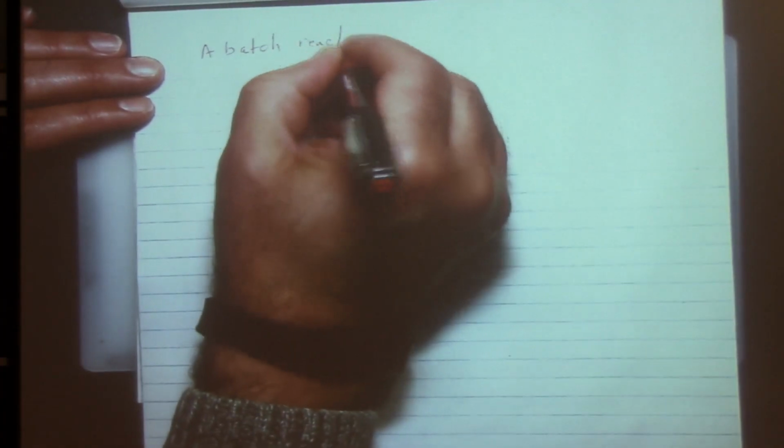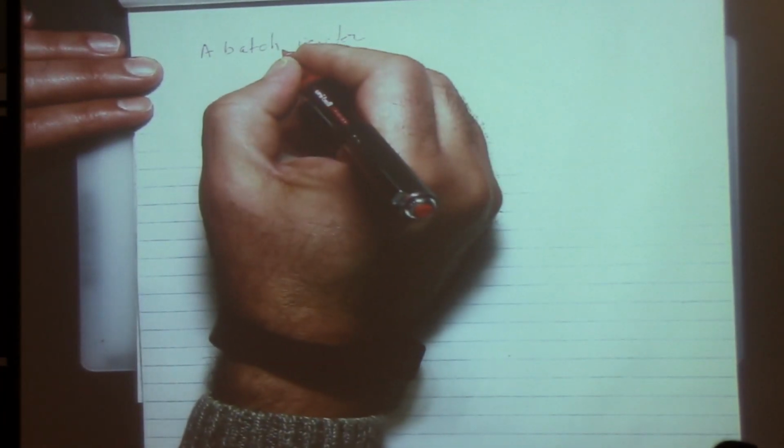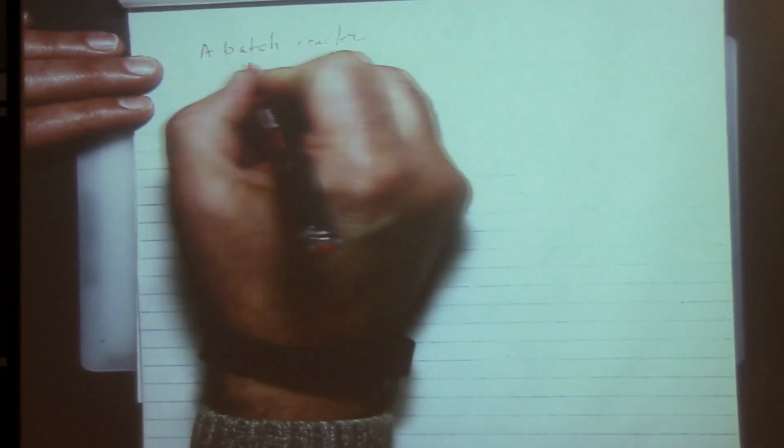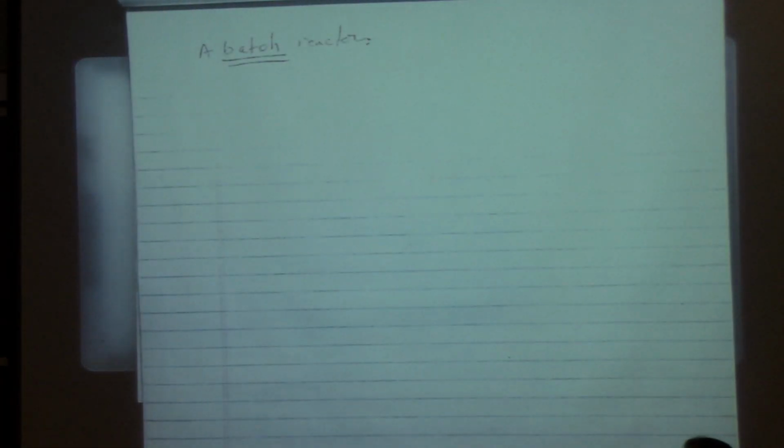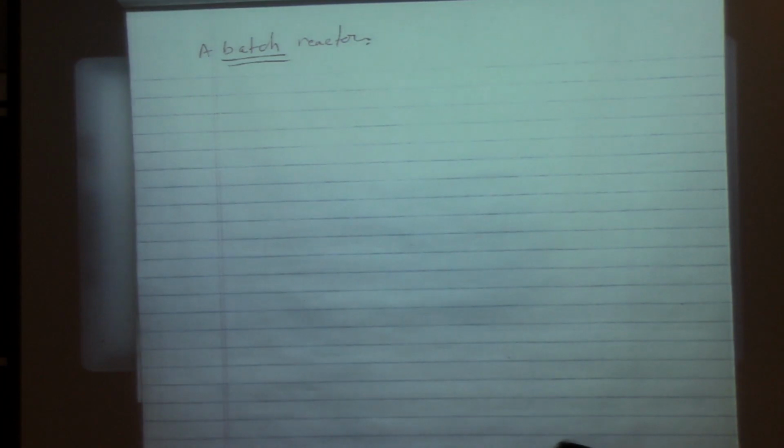Okay, just again, we are going to do this for a batch reactor. So assume a batch reactor. I'm going to do this for the flow reactor in the next lecture. It's very similar, but for a batch reactor I'm always using the moles, right?